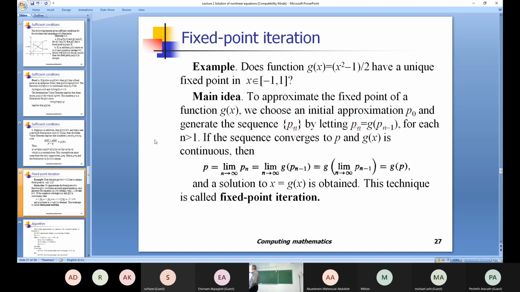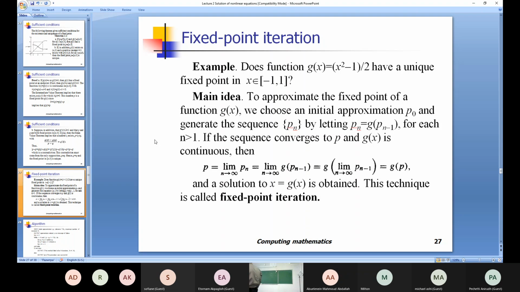When you substitute, it will be a parabola, yes? When x equals 0, g of x equals minus 1 over 2. When x equals 1 or minus 1, you get 0, right?